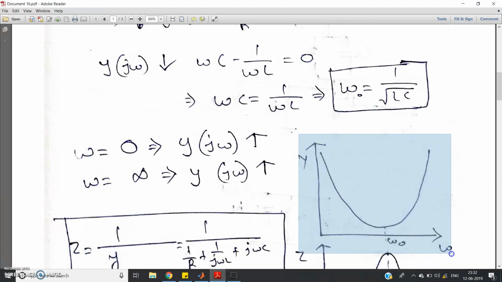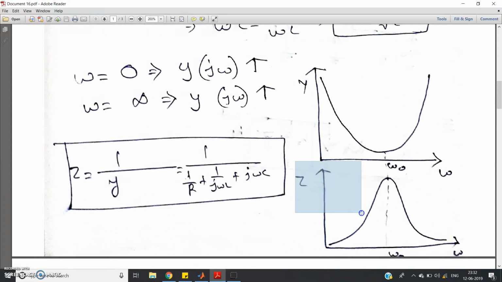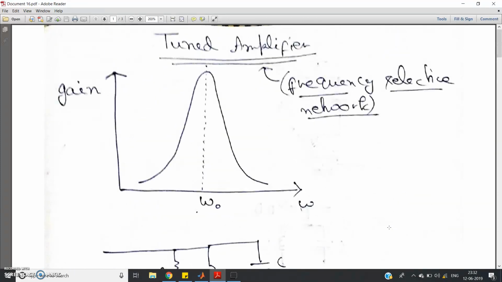If the admittance curve is this one for various values of omega, then obviously the impedance versus omega curve, or resonant frequency curve, will be just the reverse of this admittance versus omega curve, and it will look like this. Now you see, this impedance versus omega curve and the gain versus omega curve are just similar.